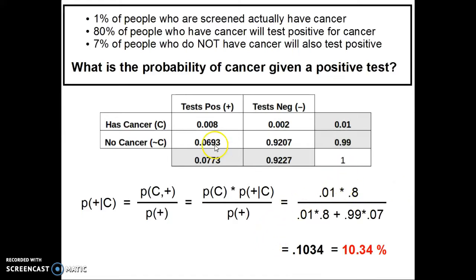So this over this gives us 10.34%. So the probability of actually having cancer, given that you got a positive cancer test result, is only 10.34%, just over 10%. Shocking.